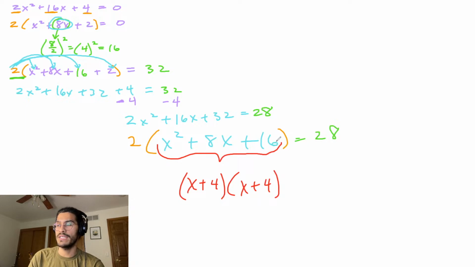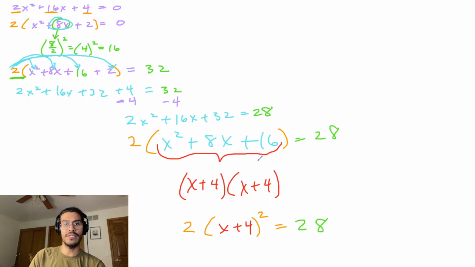Factors of 16 are 4 and 4, or 8 and 2, or 1 and 16, but 4 and 4 add to 8. So that's what we're going to choose. So this looks like 2 parentheses x plus 4 squared equals 28. So now we've completed the square.